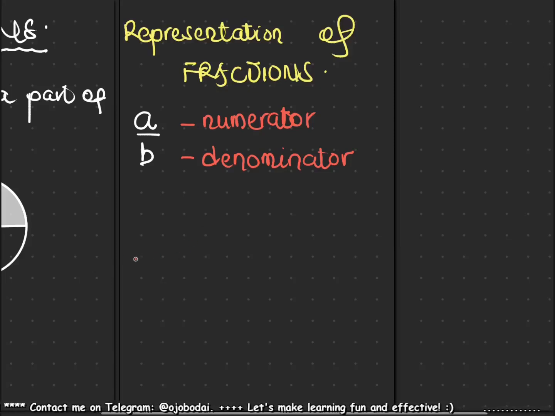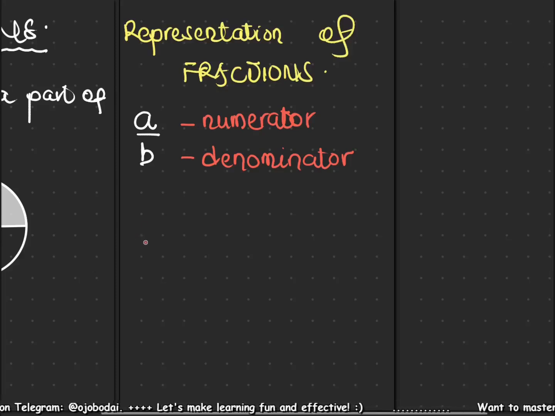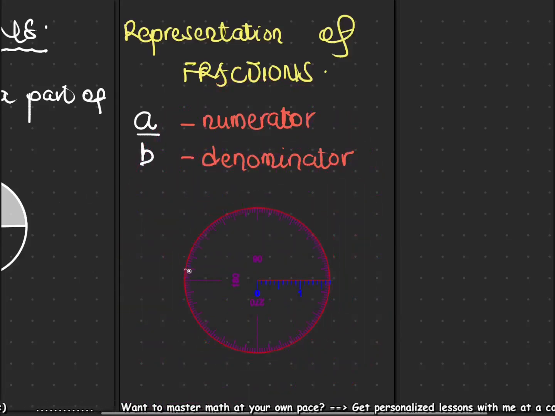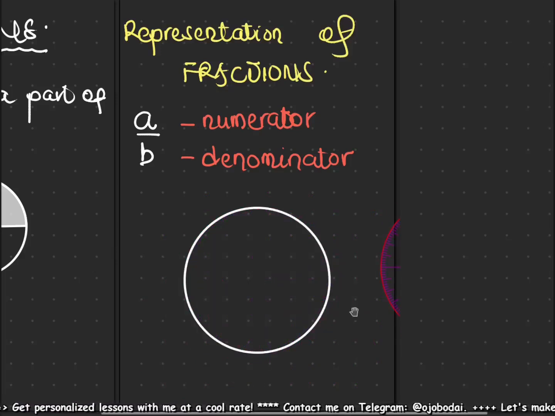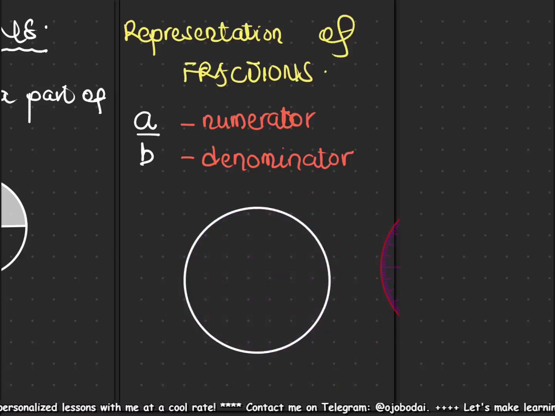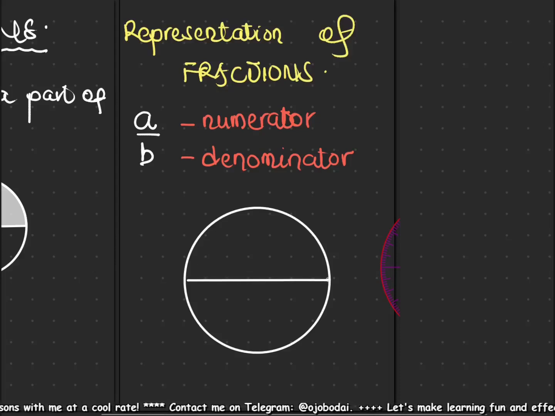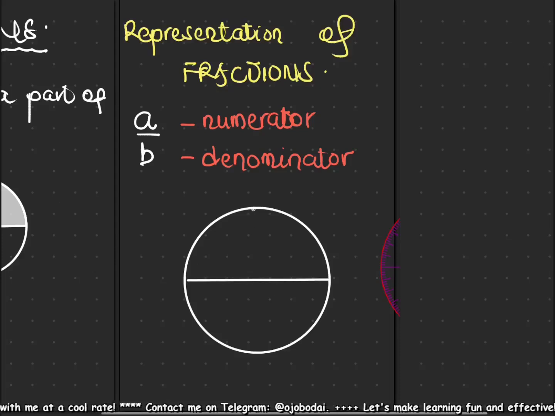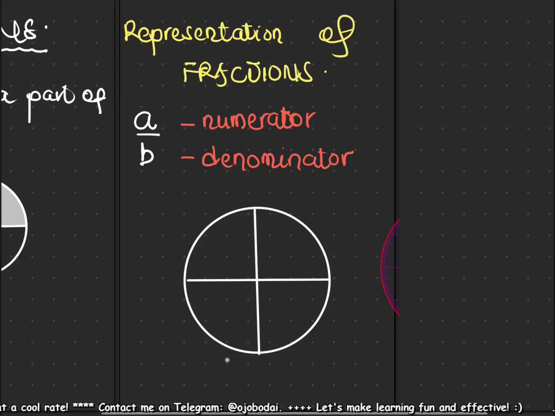So once again, let me represent this graphically so we appreciate what we are learning. In this case here, I'm going to draw a circle once again. This here is my circle, and I'm going to divide it into a number of parts. This here is 2 equal parts, and then this here is 4 equal parts.